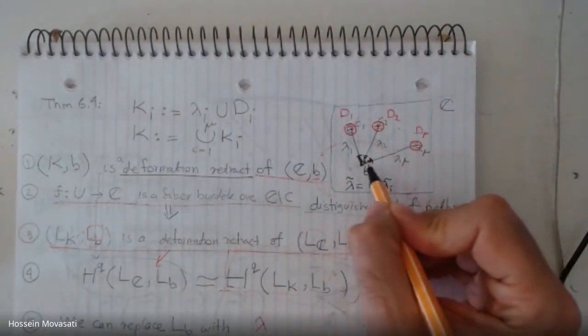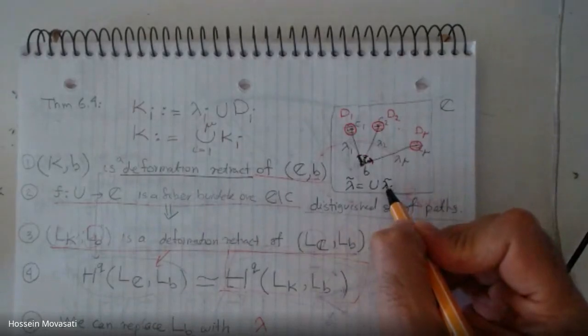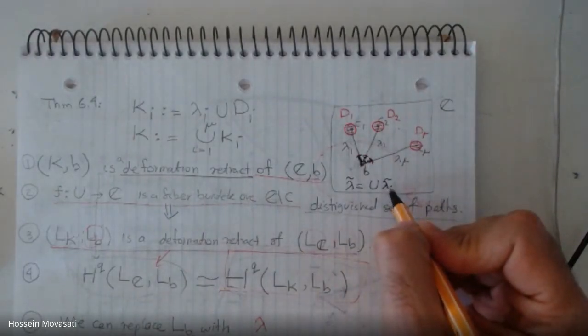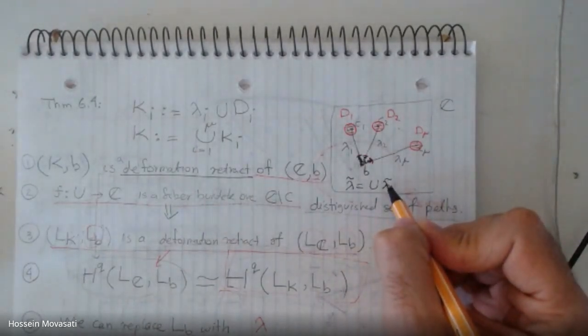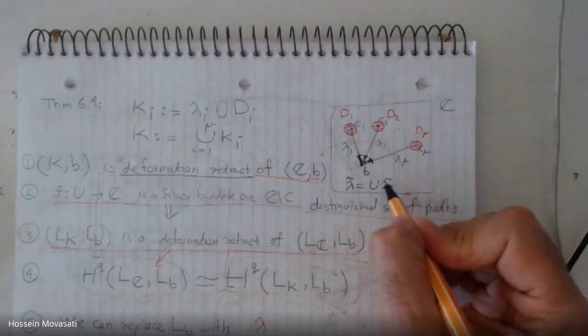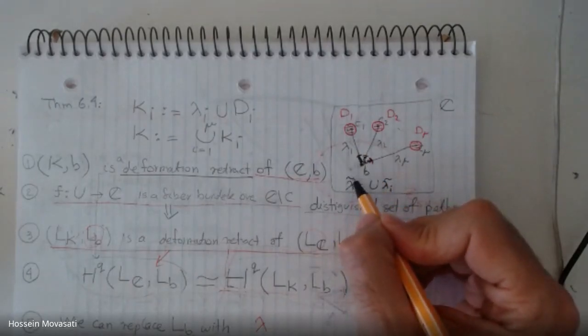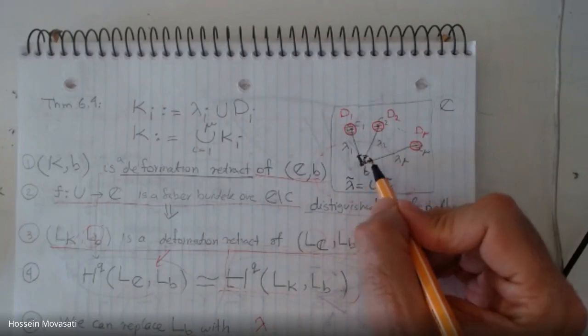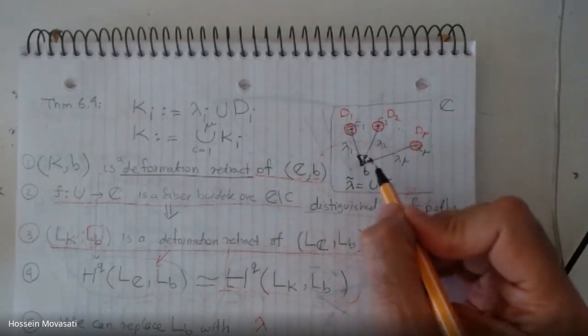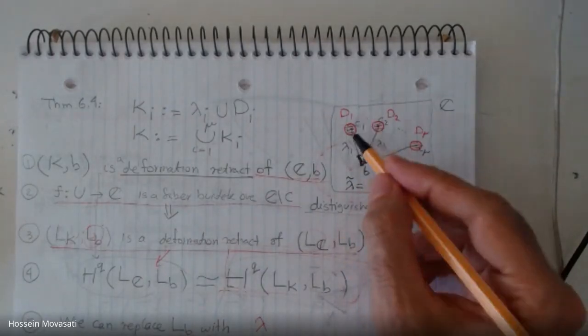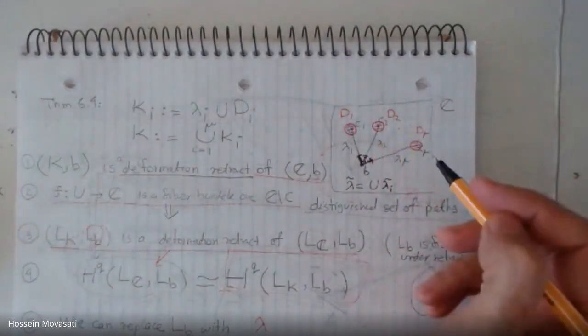And in each path, maybe just take a small piece of lambda, let's say lambda i tilde, and then just take the union of these things. So I will define lambda tilde, maybe just a small neighborhood of B inside this K space. Since it is a small neighborhood, it will not intersect D1, D2, and D3.